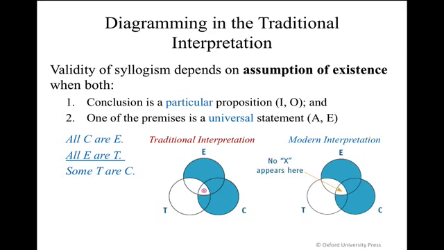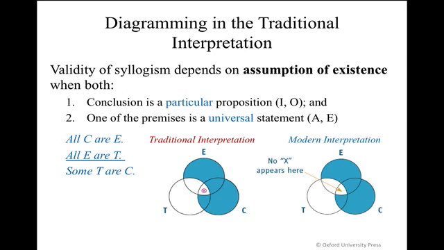So take a look at the left-hand diagram that has the area of E outside of T shaded, and then the area of C outside of E shaded.